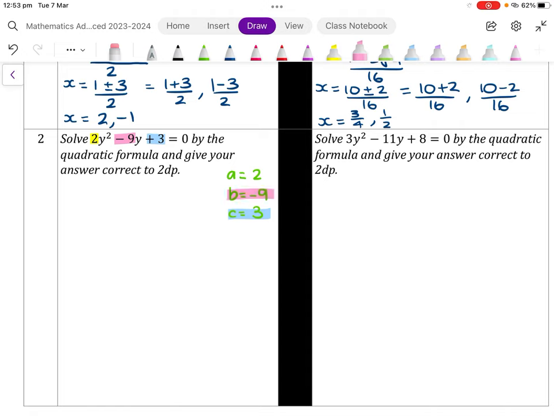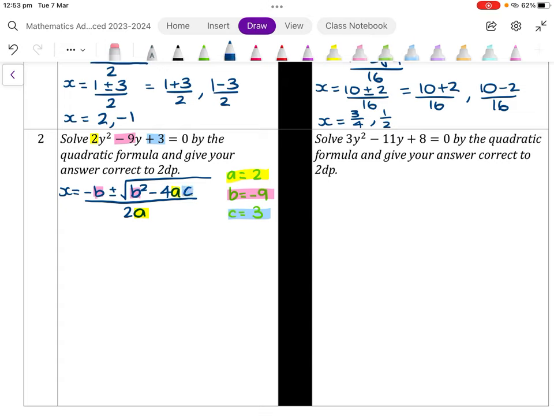We then need to copy out our quadratic formula, x equals minus b plus or minus the square root of b squared minus 4ac all over 2a, and then we need to substitute in our a, our b, and our c.